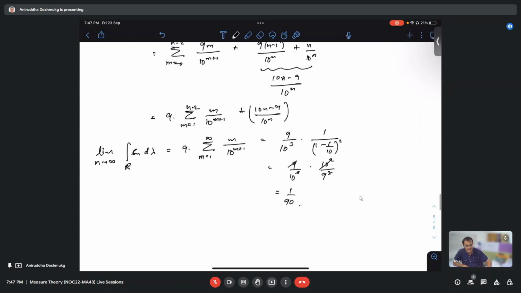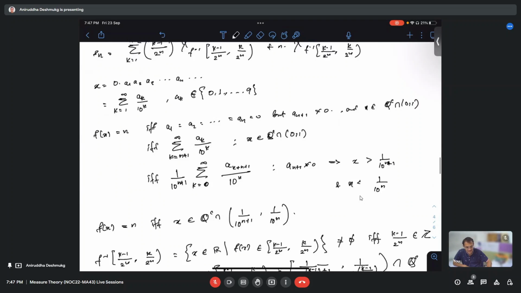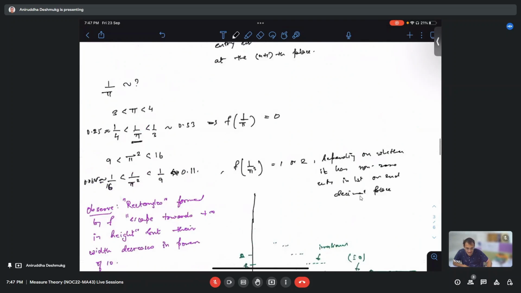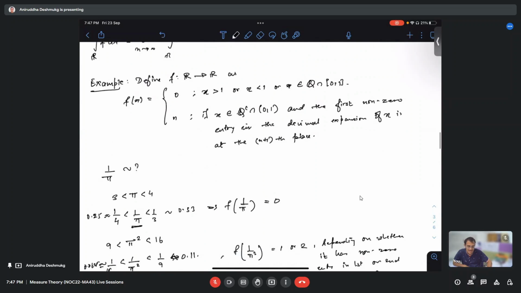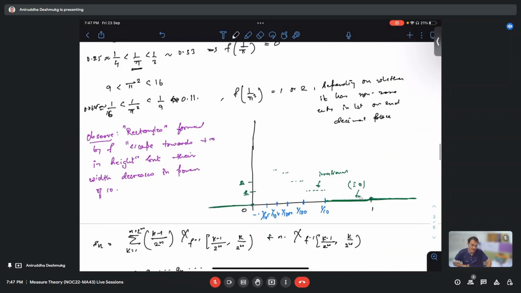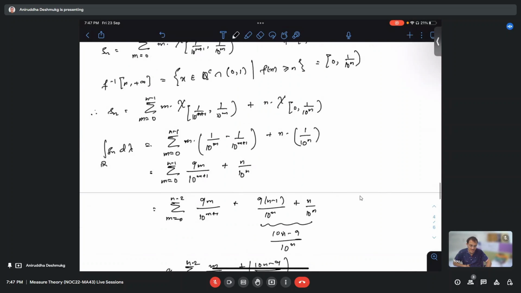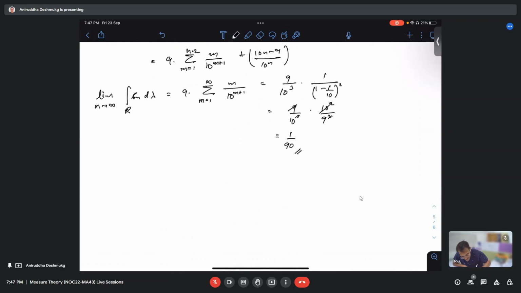So as one can see, this function, which is not very easy to visualize, this f is inside L1. It is a non-negative measurable function, of course. It is inside L1, and the value of the integral of f is 1 by 90.